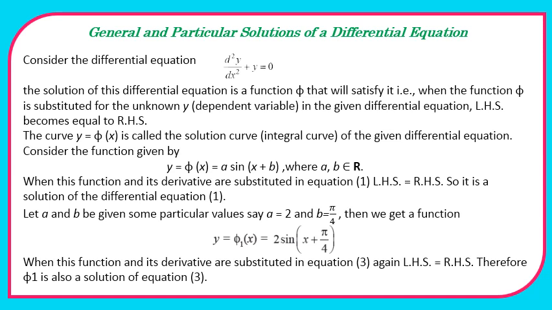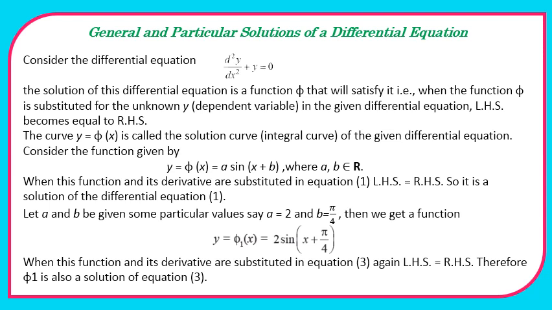If it contains the constants a and b, it will be the general solution. But if we have some conditions or points on the given curve, suppose a is equal to 2, b is equal to pi by 4, and replacing this in the given equation, we get y is equal to phi 1 x equals 2 sine (x plus pi by 4), which is independent of the constants a and b.